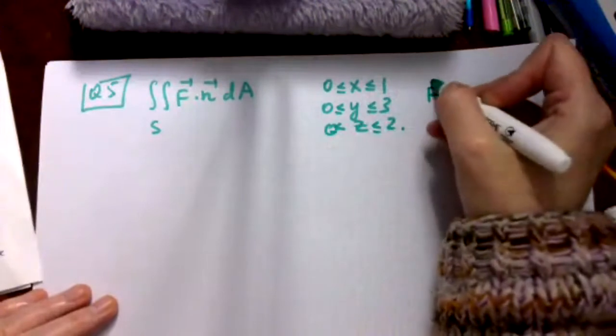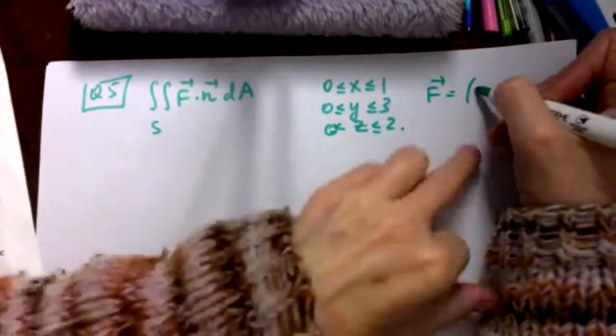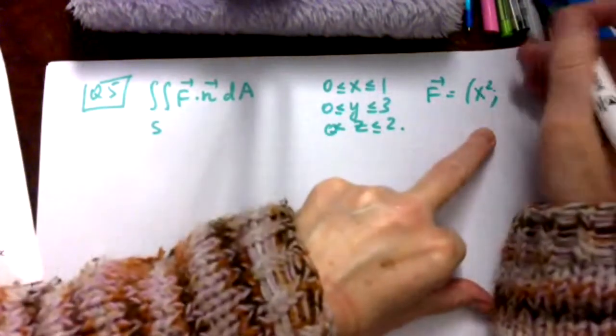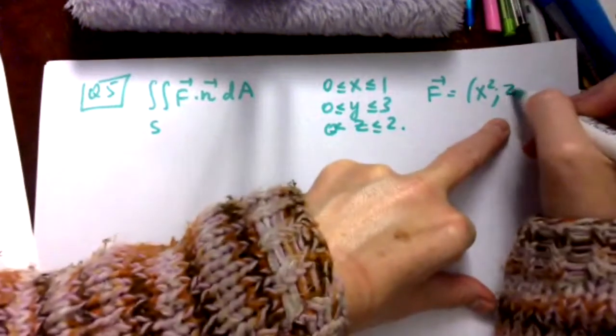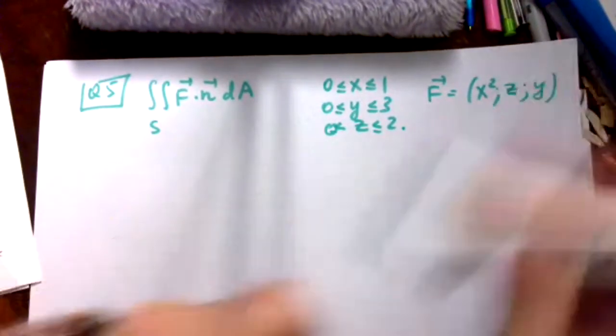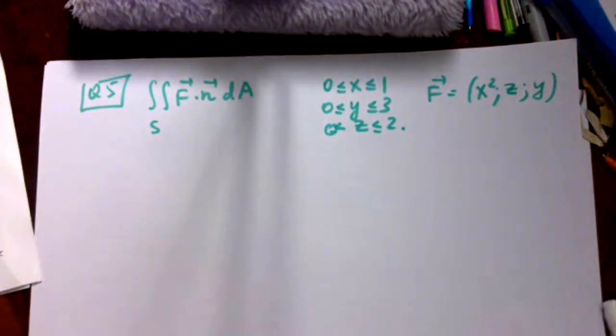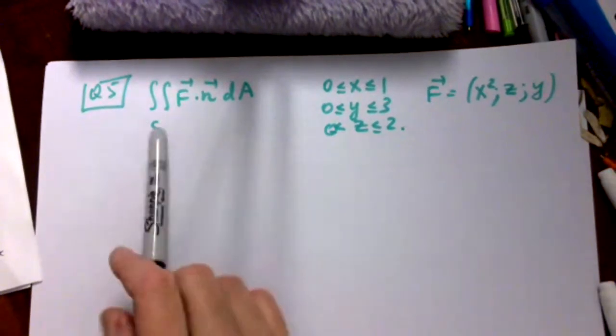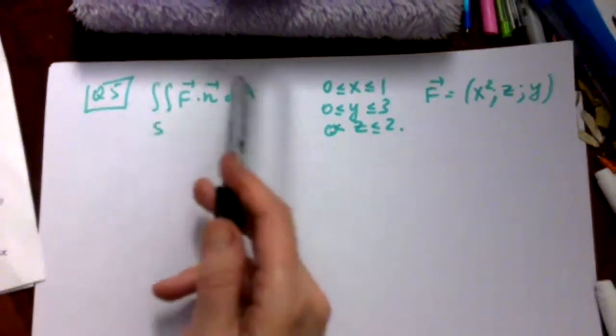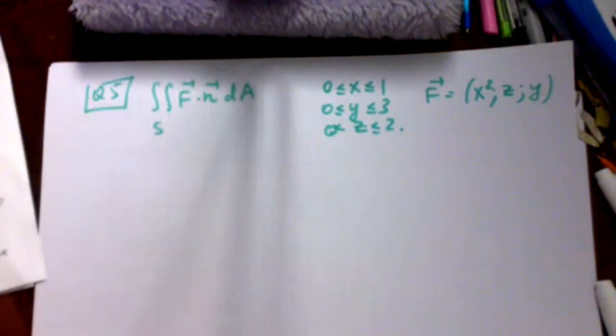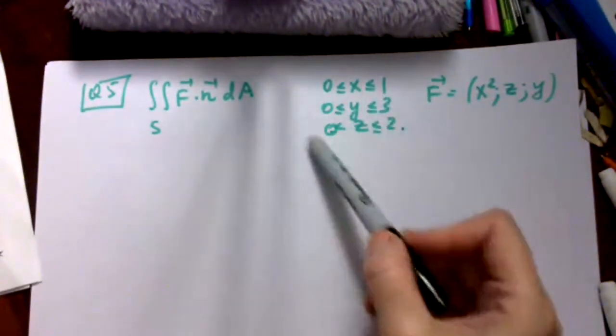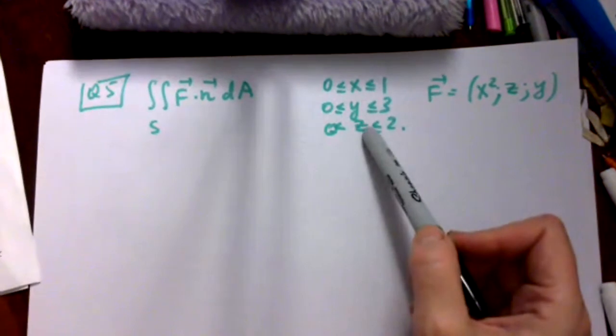The vector field F is given by x squared as the first component, z as the second component, and y as the third component. So our task is to calculate the flux, which is given by this integral according to the definition, through the surface determined by these inequalities.